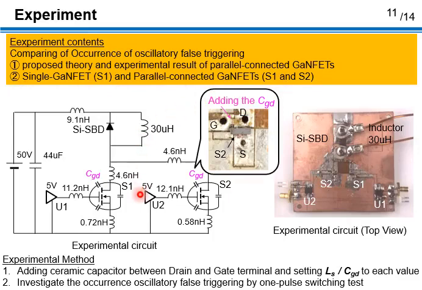The experiments were conducted in a single pulse test circuit using two parallel GaN-FETs. A capacitor was inserted between the gate and drain of the switch, and the ratio of LS and CGD was set to each value. And we investigate the occurrence of oscillatory false triggering by a one-pulse switching test.